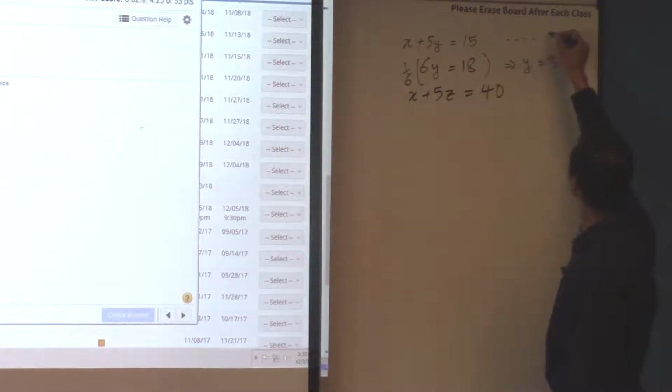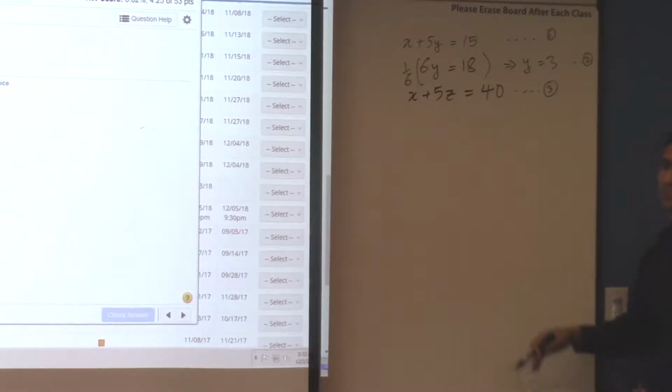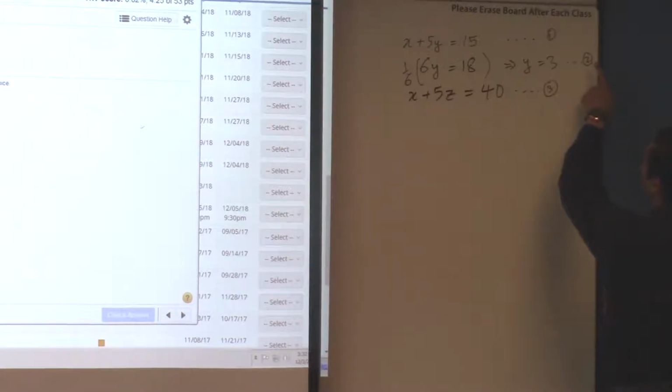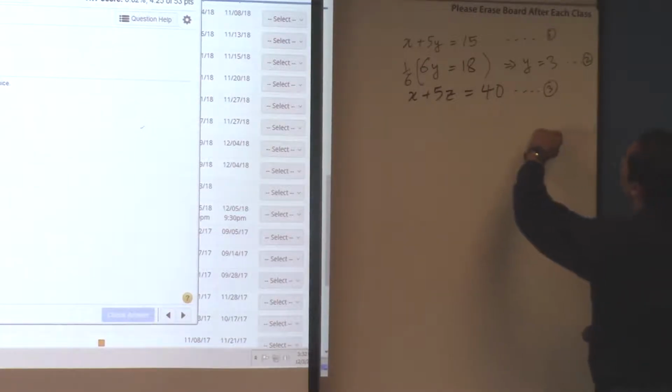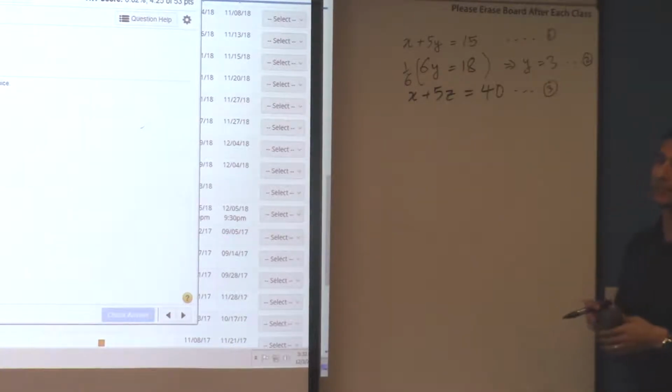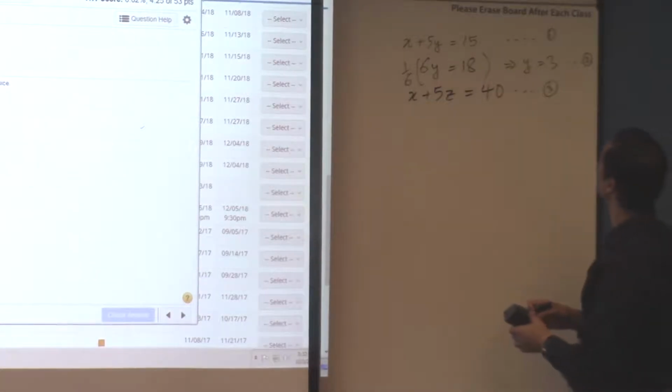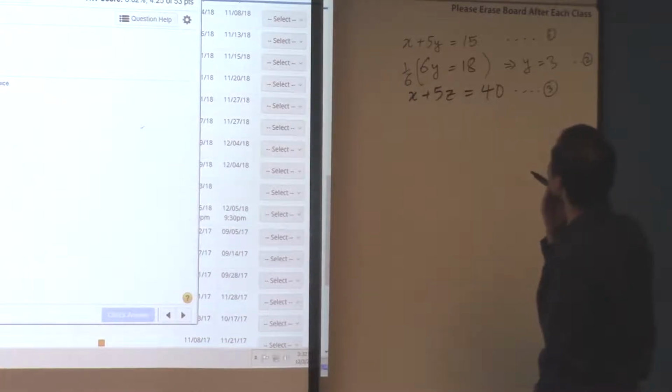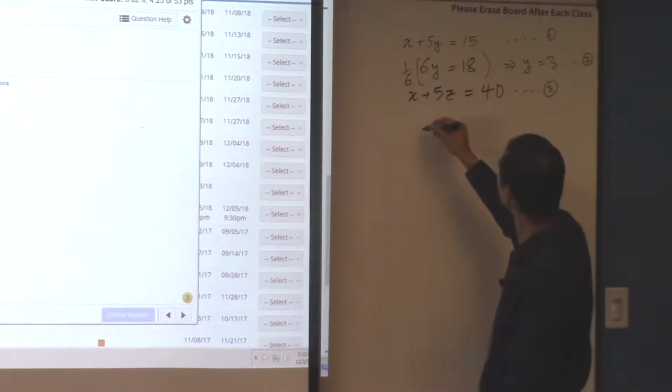Let's call it equation number 1, equation number 2, equation number 3. You don't have to, but it just makes it easier. And let's use equation number 2, which is the y value, in 1 and 3. That immediately reduces to just 2 variables.